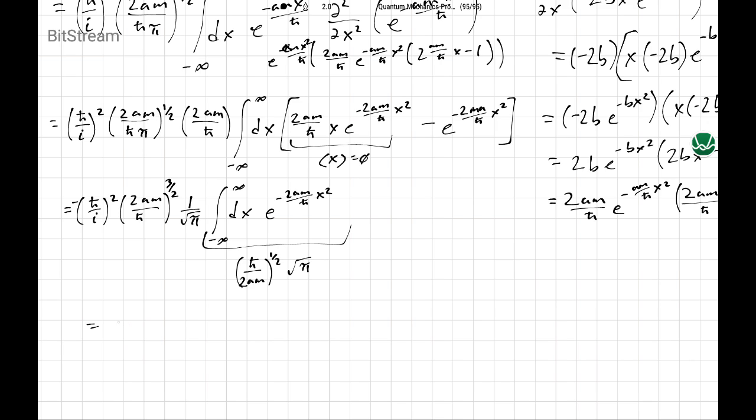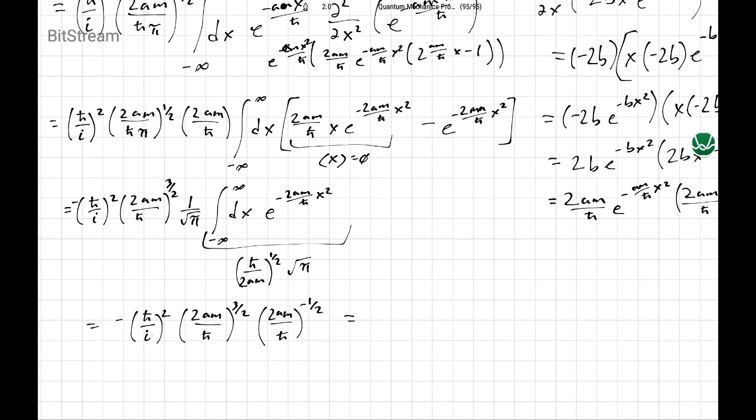So I end up getting h bar over 2am squared, and we have a negative sign, which is fine because that's going to cancel out. I get 2am over h bar to the 3/2. My square root of pi is going to cancel out. I'm going to go ahead and call this one 2am over h bar to the negative 1/2. Yeah, this is much cleaner than what I did before.